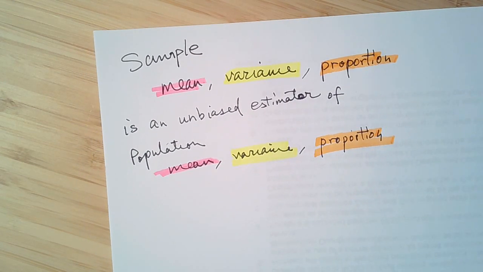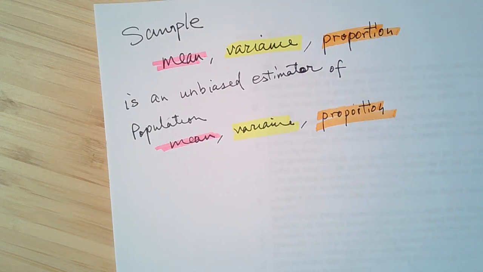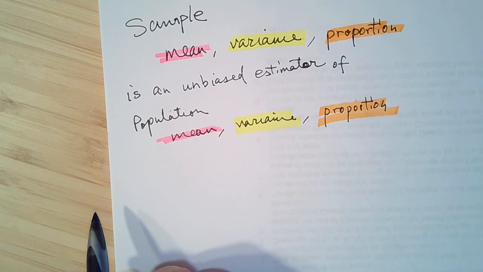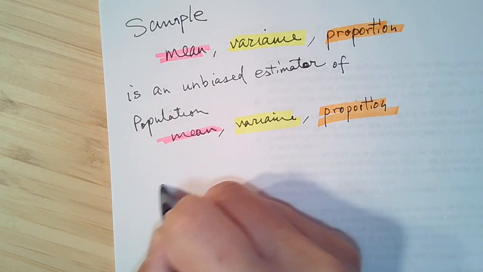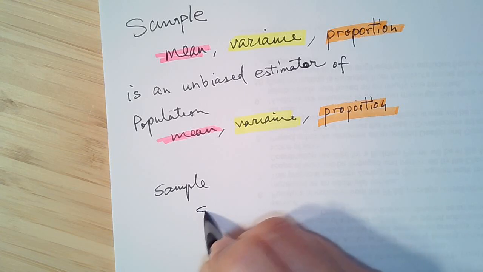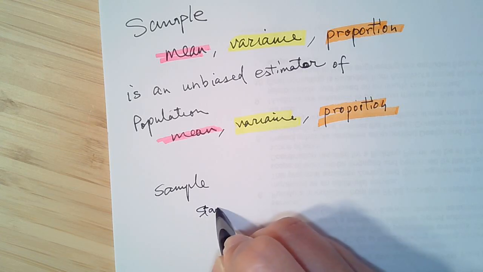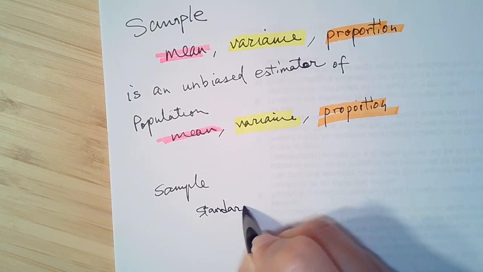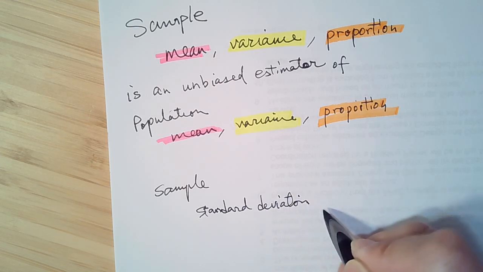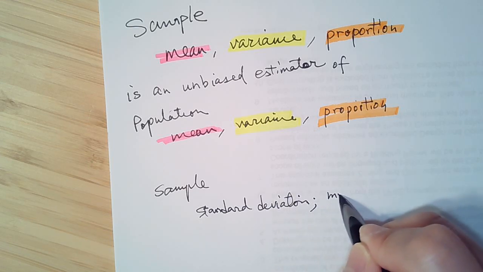All right, now the next one is unbiased. Okay, sorry, this is unbiased. Biased means standard deviation. Sample standard deviation and median.